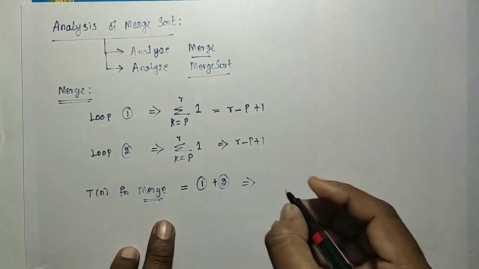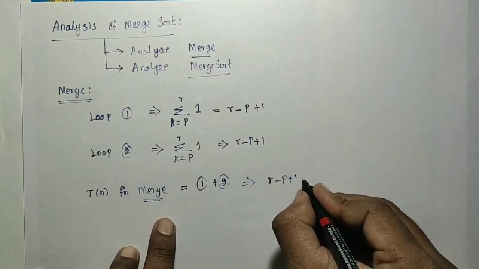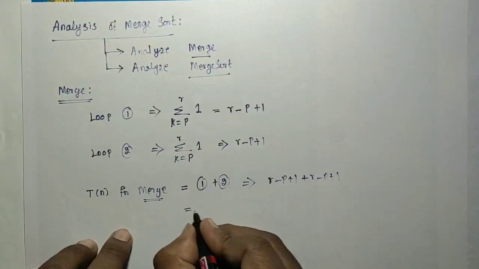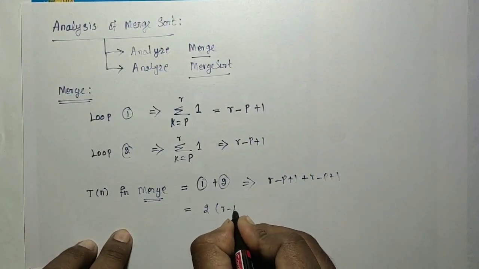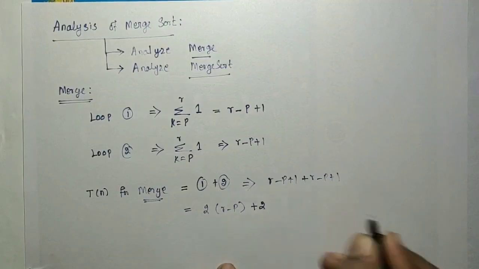So we can write (r − p + 1) + (r − p + 1), so that we can write 2 into (r − p), and plus 2 like this.